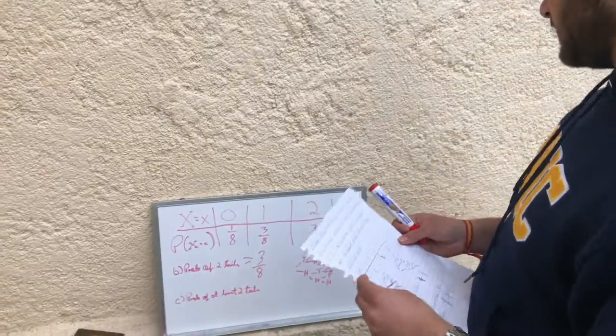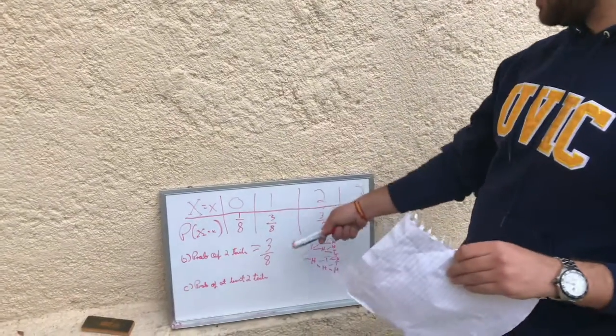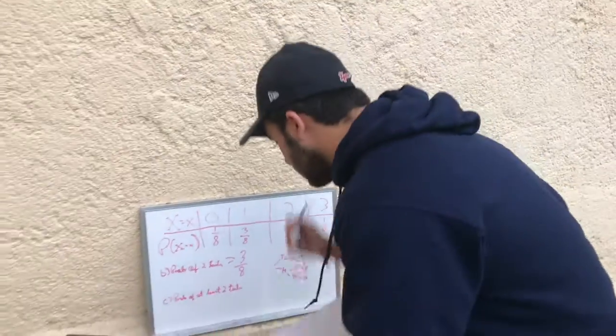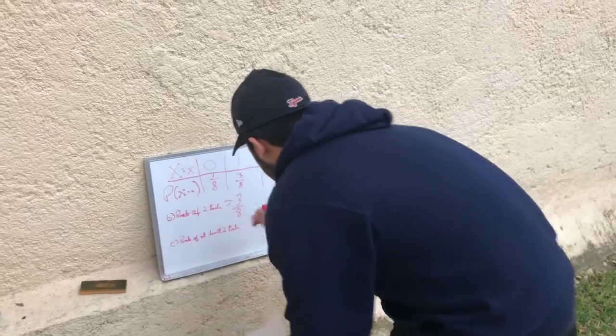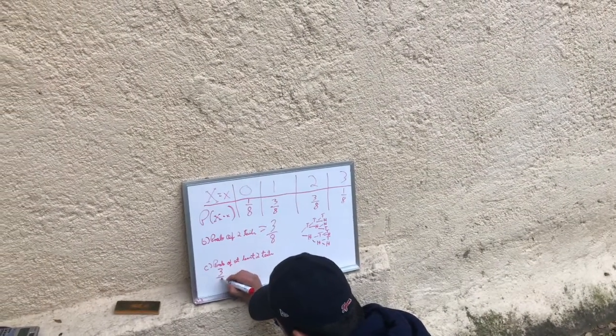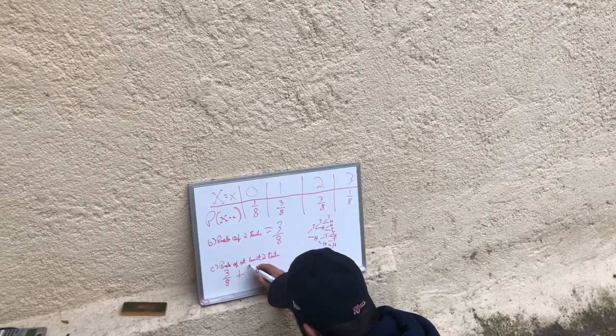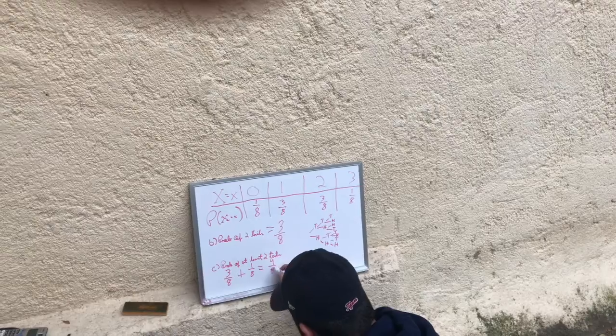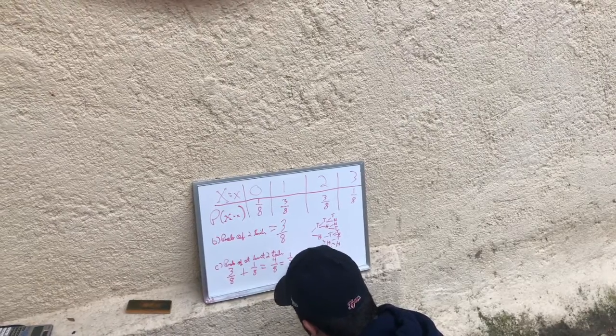At least, in this case, means that we need to get 2 tails or more. So we're going to add up these two numbers, which will be 3/8 plus 1/8, which gives us 4/8, which is 1/2. So there's the problem.